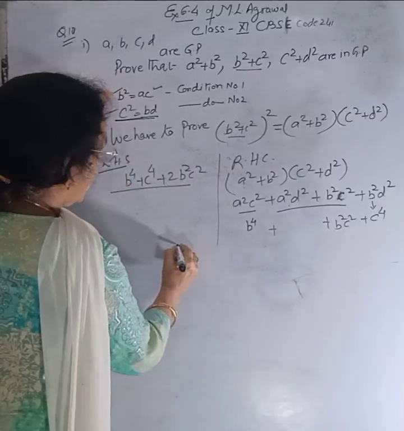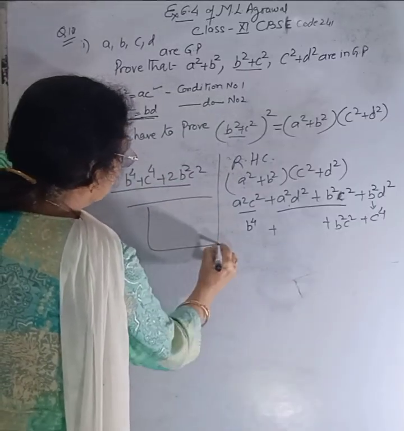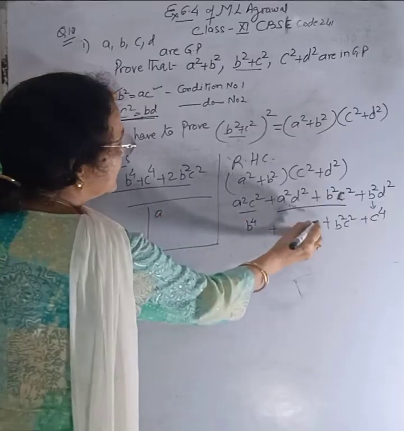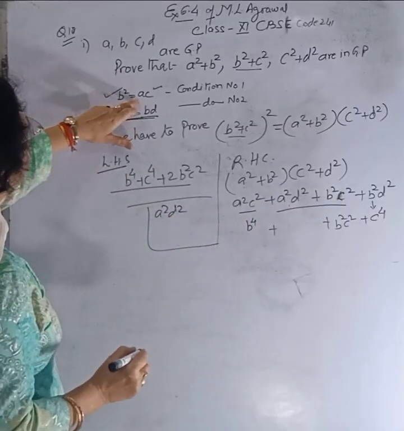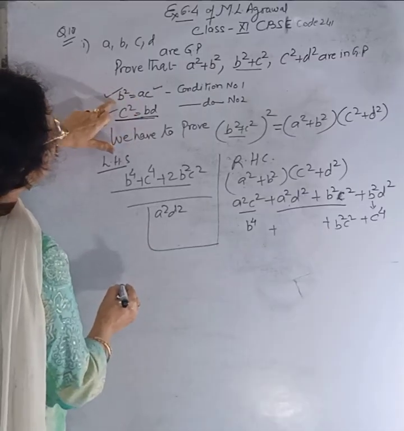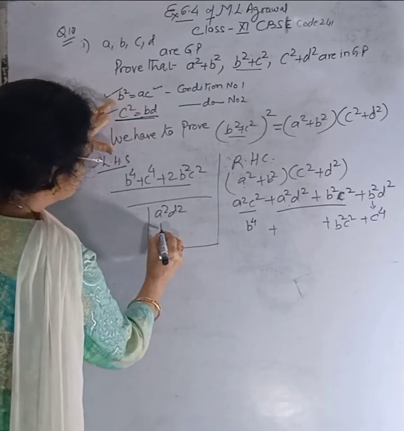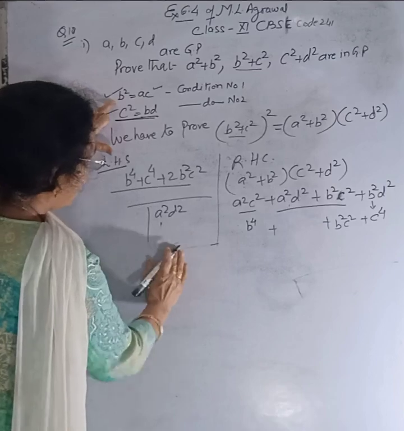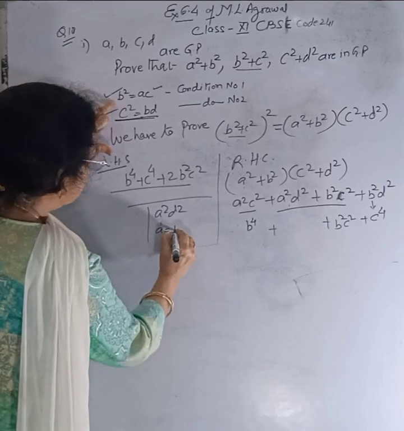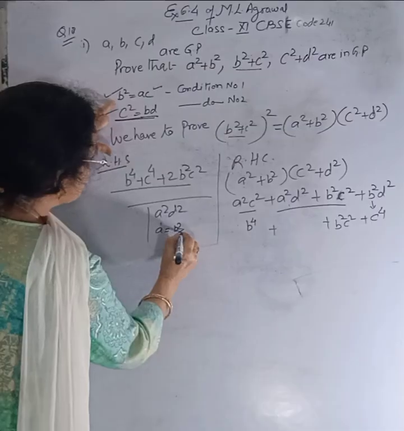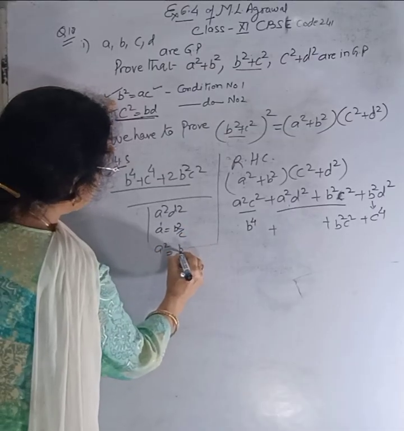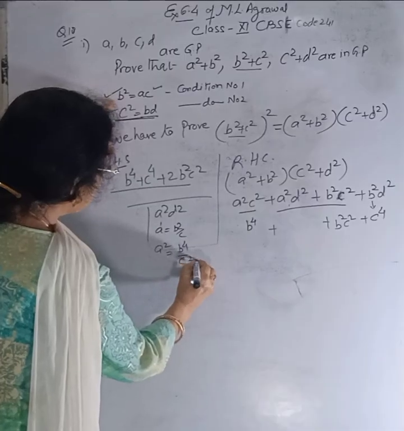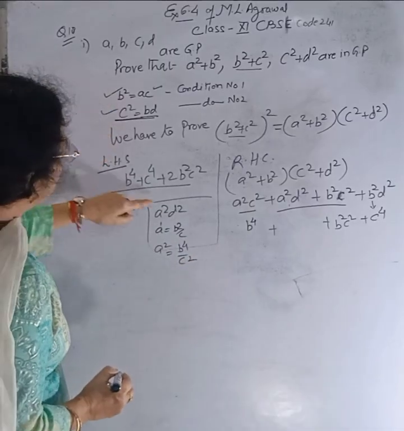Now we are going to calculate A square and D square. From here A is equal to B square by C. It means A square will be equal to B to the power 4 upon C square. Correct? Now D square.